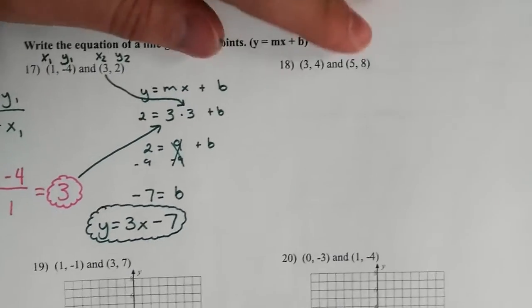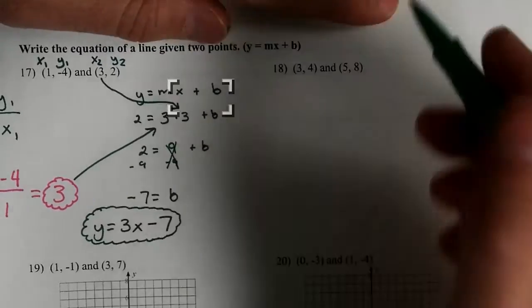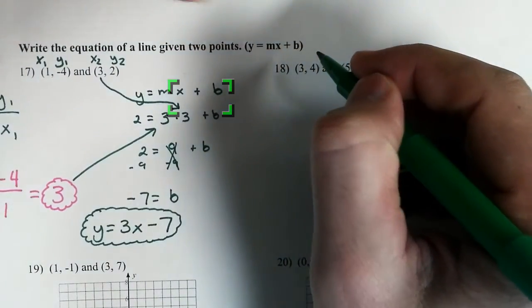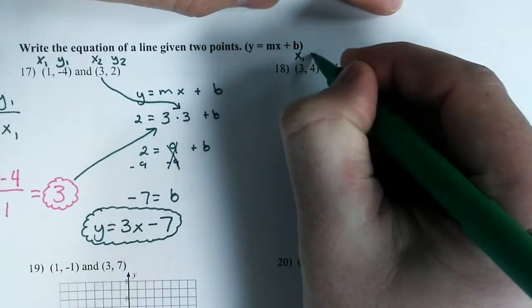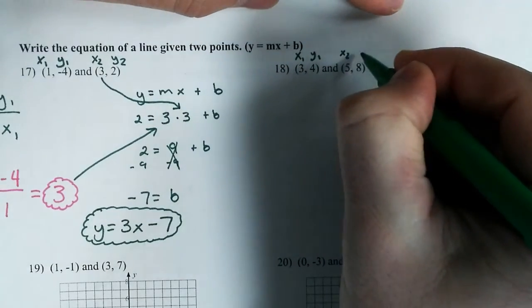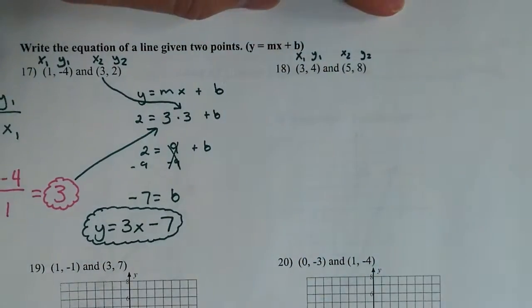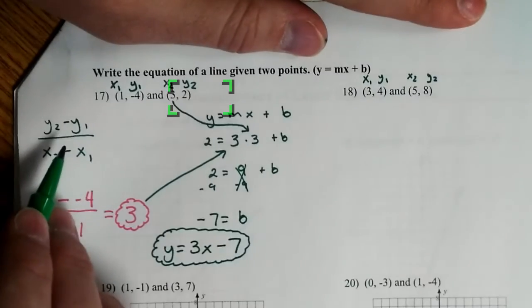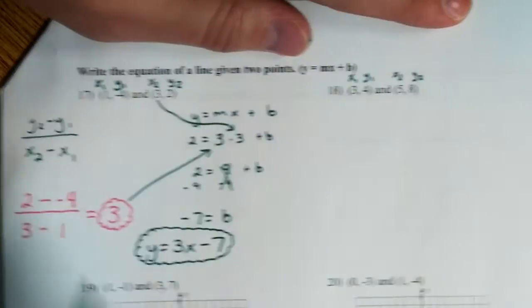So we're going to keep working. I'm going to keep going here. Number 18. Again, we have our x1 and our y1, our x2 and our y2. We're going to plug it into our formula: y2 minus y1 over x2 minus x1.